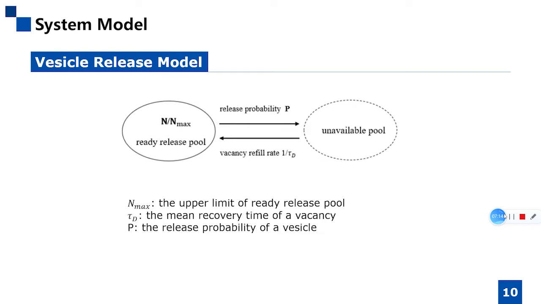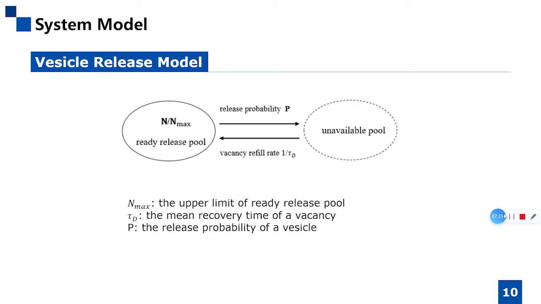The release probability of a vesicle is represented by P, and the vacancy refill rate is related to tau d, where tau d is the mean recovery time of a vacancy.